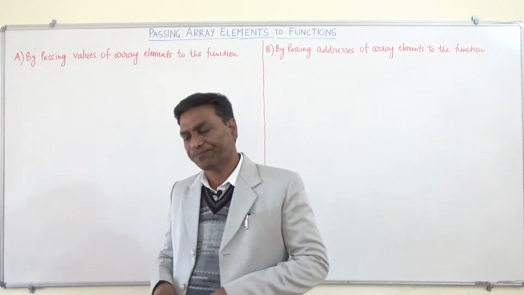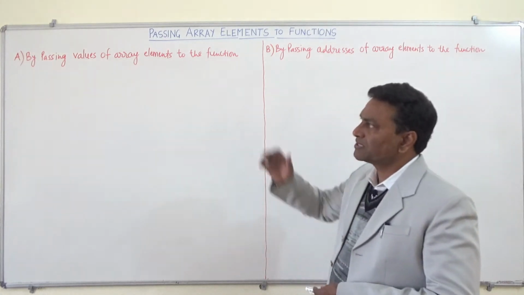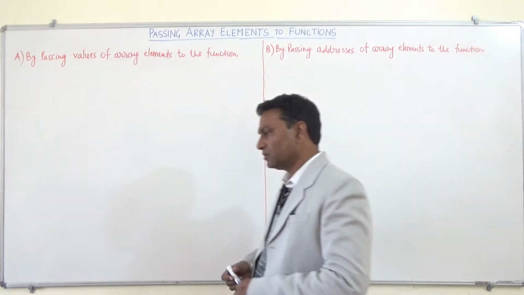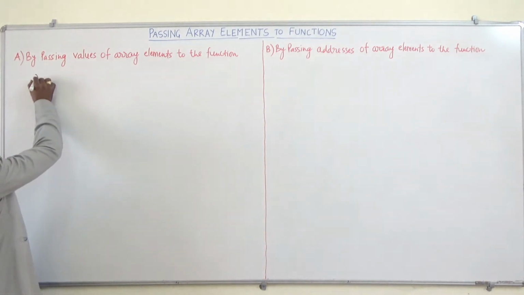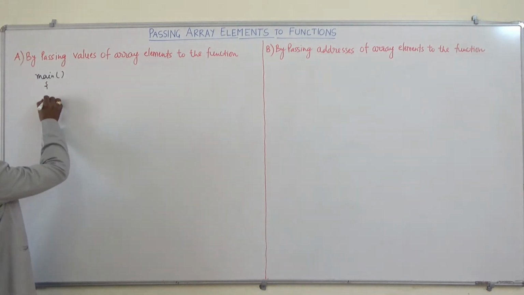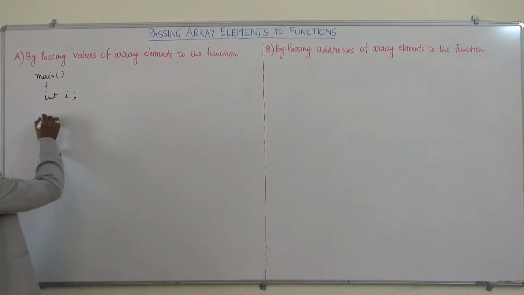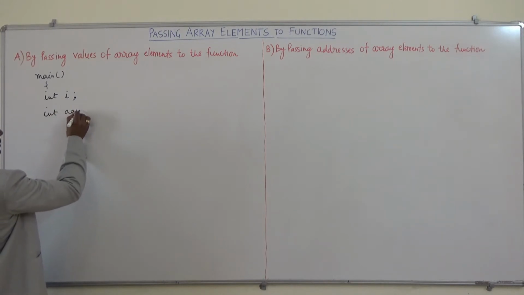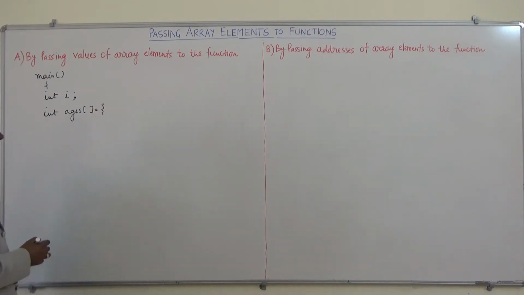So let us see. We will understand it with the help of an example. First is by passing values of array elements to the function. So let us say this is main. In this we have declared a variable I, and we are going to take an array which is containing 5 elements.